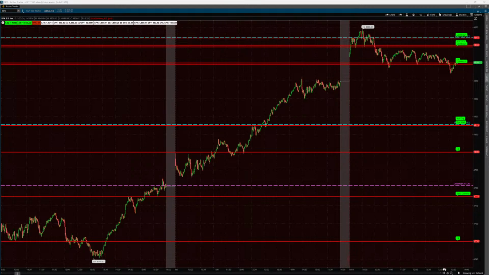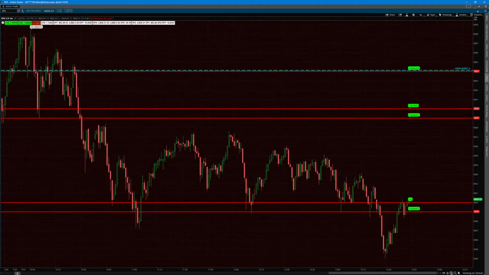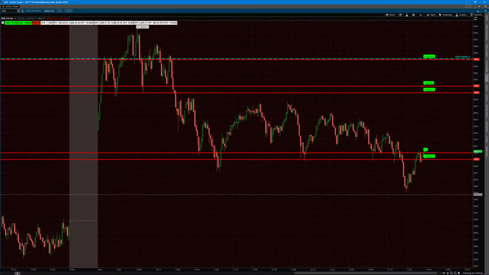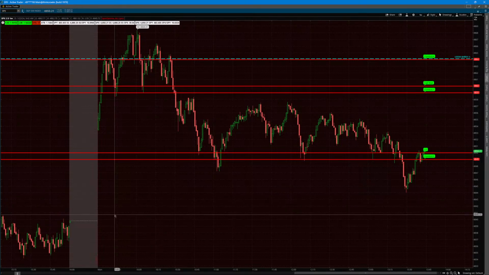So let's zoom in on this chart so we can get a closer look at the levels in play for today. Oops, a little bit too much. All right, so here are the levels in play for today. The regular trading hours are shown on the dark portion on the right here.